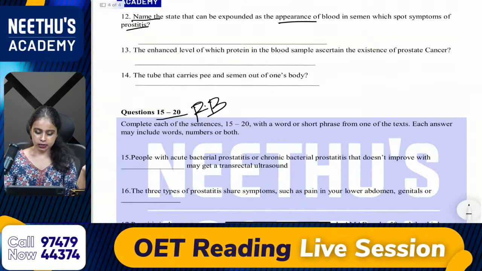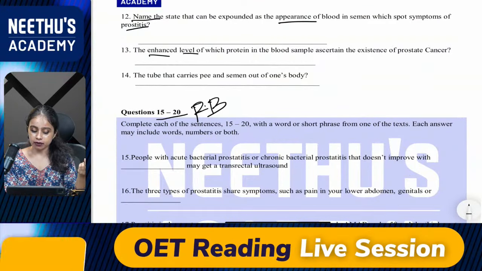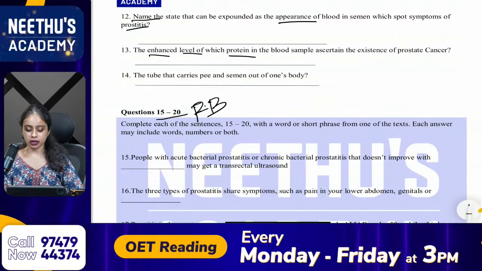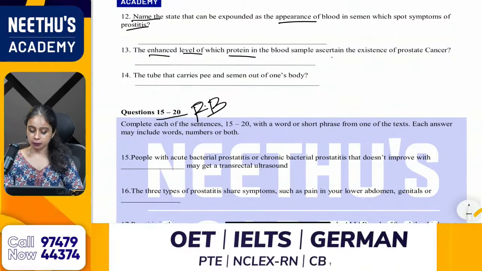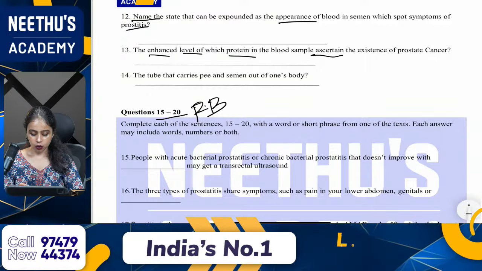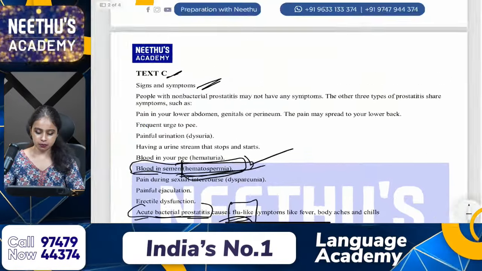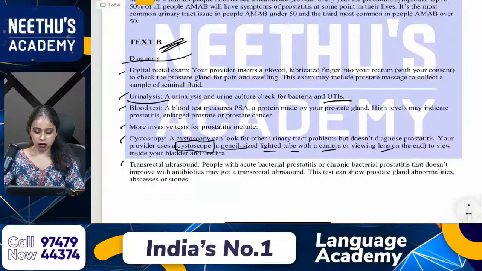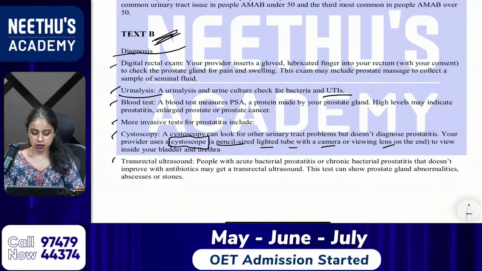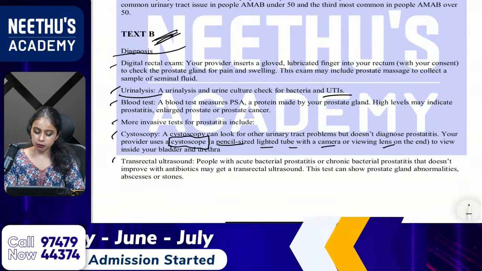Then the next one: the enhanced level of which protein in the blood sample identifies the existence of prostate cancer? Which is from text B. It is all about the blood test.